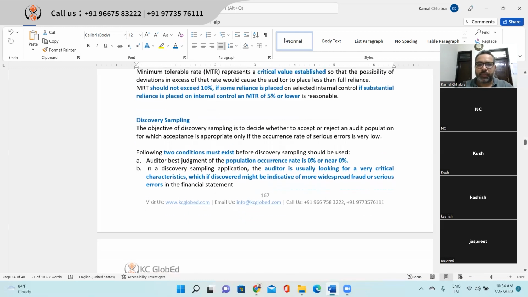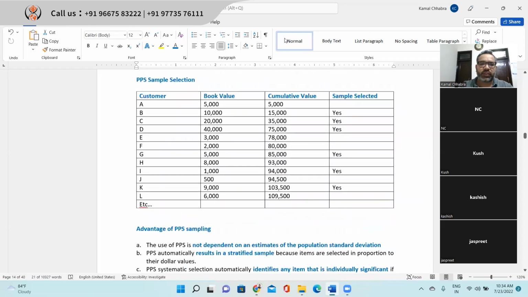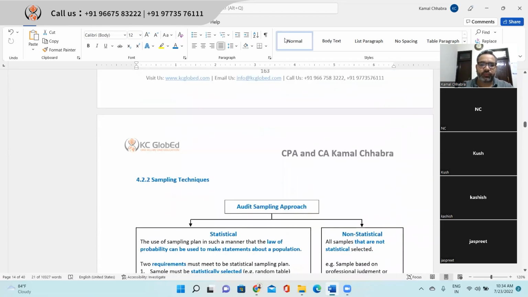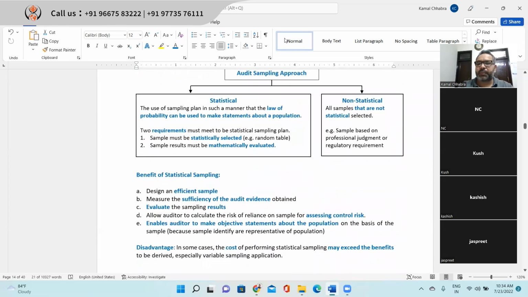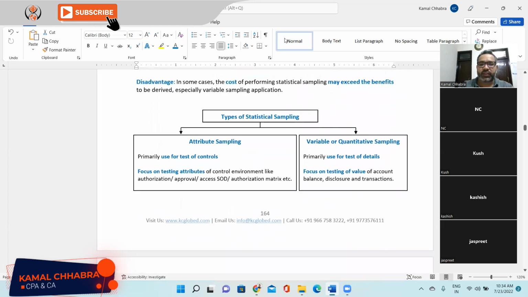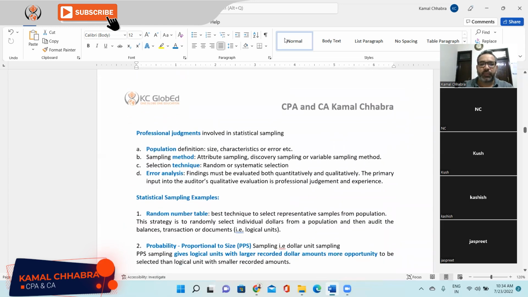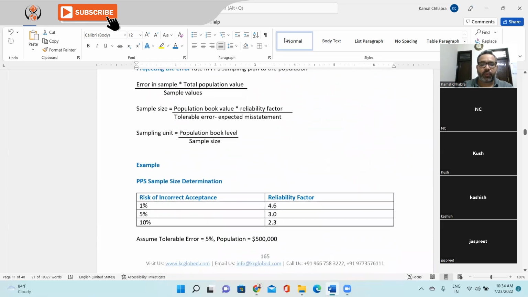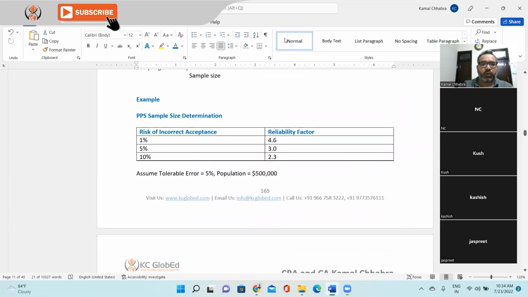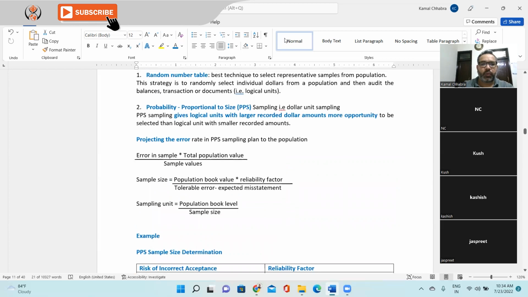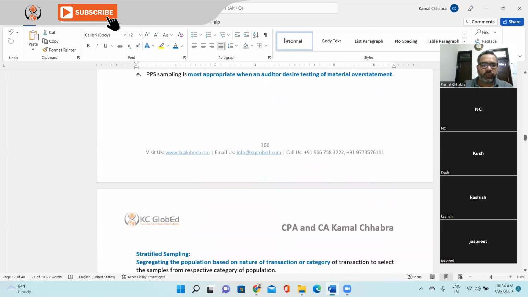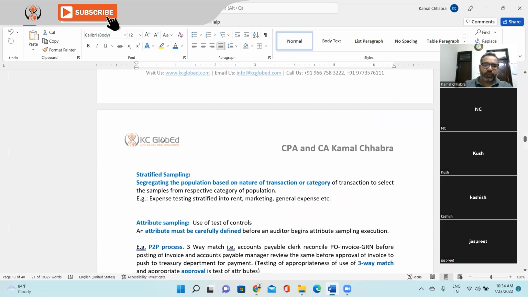It is discovery sampling. So what all techniques have we discussed so far for sampling? Statistical sampling and non-statistical sampling. Within the statistical sampling, we are discussing attribute sampling, variable sampling, and then random sampling, probability proportionate to size, second, and then third, we were discussing stratified sampling.